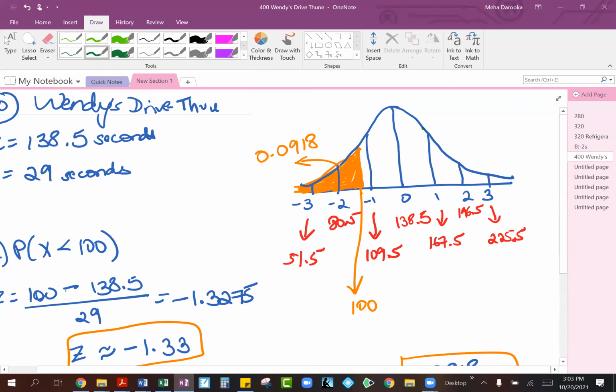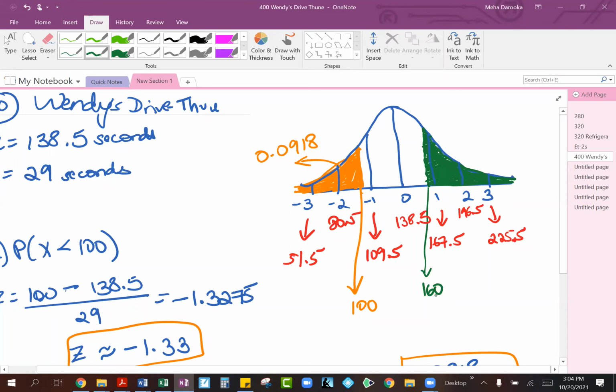So I would say maybe just somewhere over here should be our 160. Since it's saying more than 160, you are shading to the right-hand side of that. So this is where more than 160 should fall.